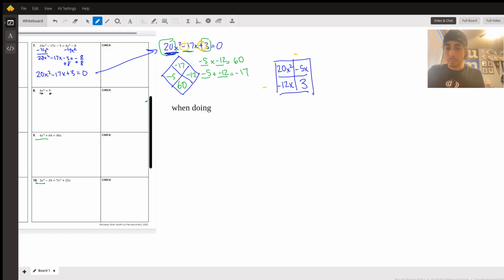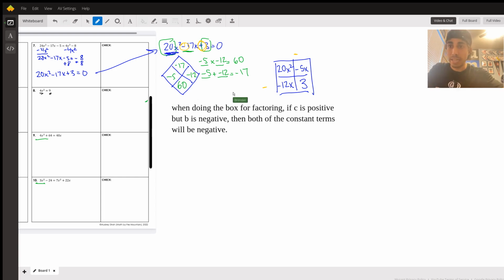When doing the box for factoring, if C is positive but B is negative, then both of the constant terms, which just means the numbers, the ones that don't have an x, will be negative. So notice I went ahead and put my negatives in, just to remember. Let's do it column by column, row by row.